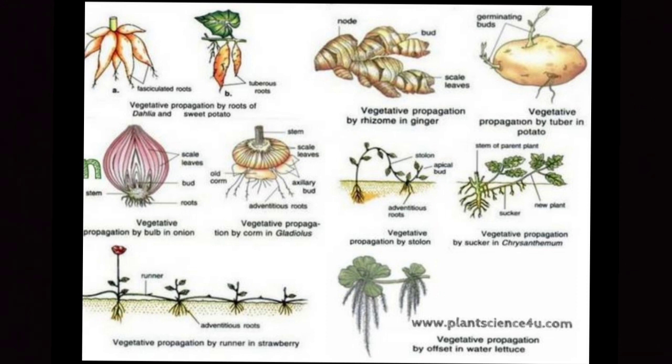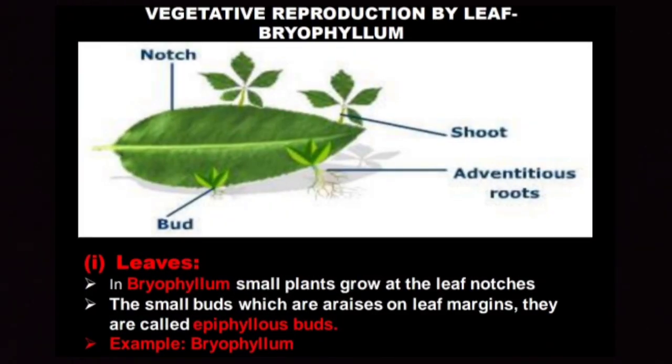Next one, essential parts. Stamen is the male reproductive structure, with anther and filament. All stamens are called androecium. Carpel is the female reproductive structure, with stigma, style and ovary. All carpels are called gynoecium.